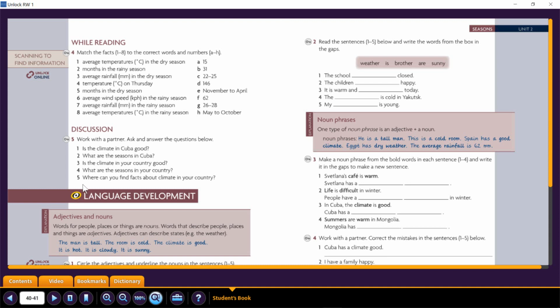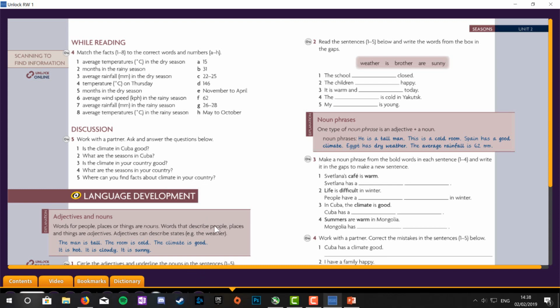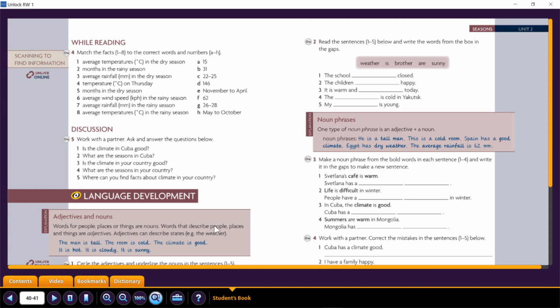Answer. And finally, where can you find facts about climate in your country, in Saudi Arabia? We mentioned this at the beginning of part 1. We need to use what or Google what? Refresh your memories, ladies.